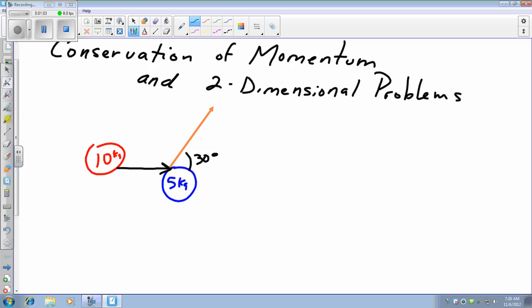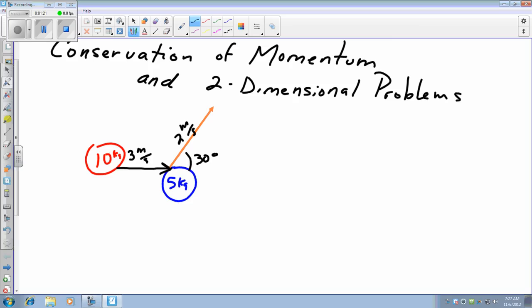It's a pretty big 30 degrees. Oh, and let's give a couple of velocities here, sorry. 3 meters per second, and let's say that it goes off at 2 meters per second.